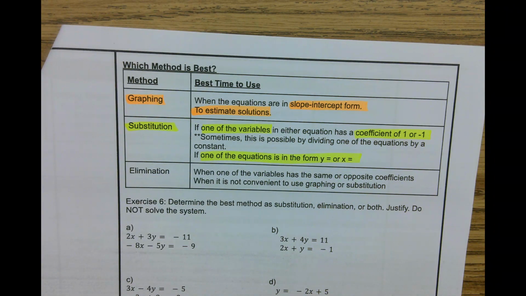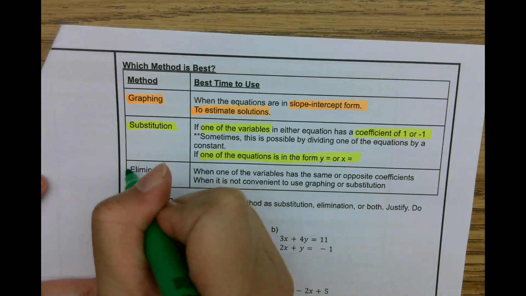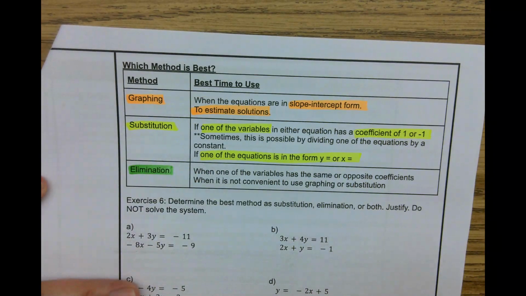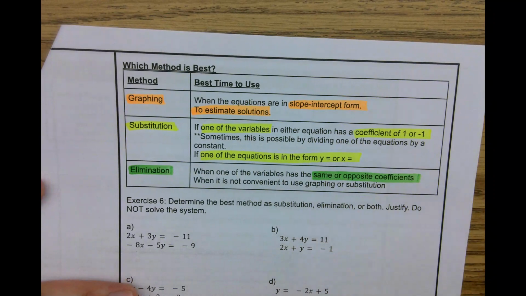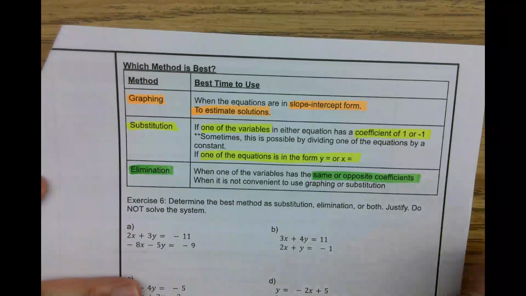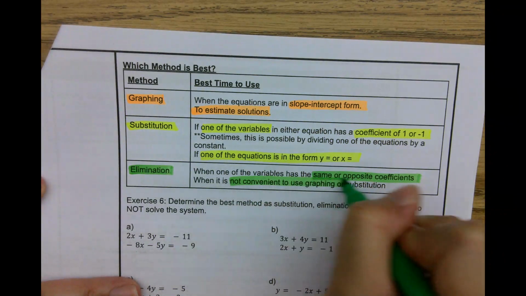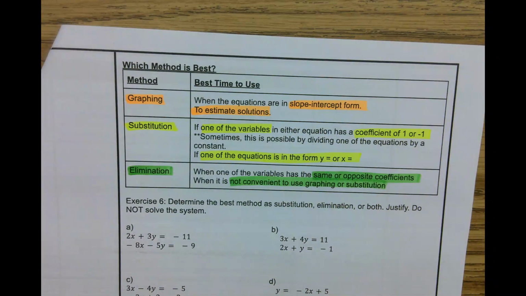We want to use elimination when one of the variables has the same or opposite coefficients, or when it is not convenient to use any of the other methods. For me, I actually really like elimination best, but everyone has a different preference.